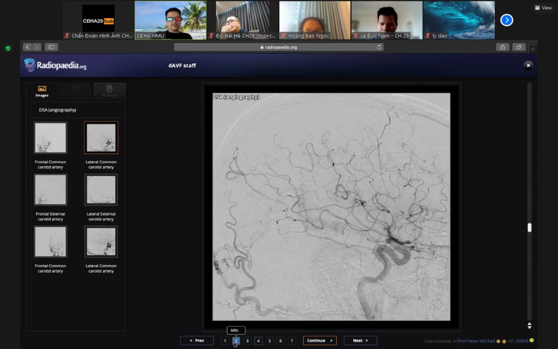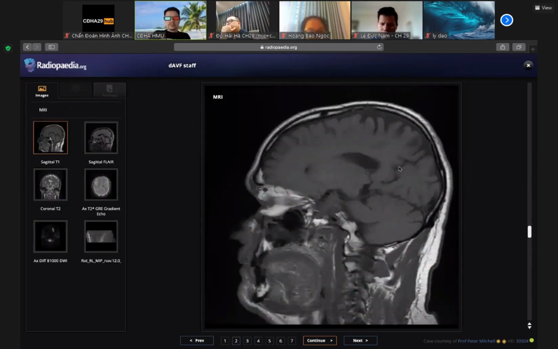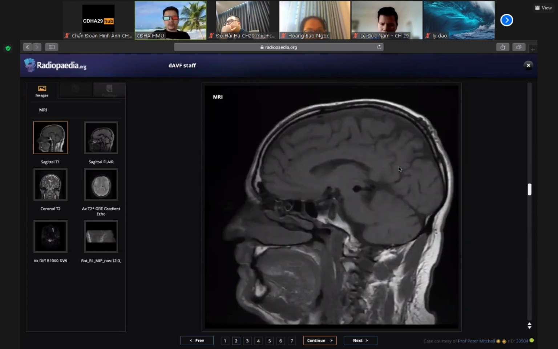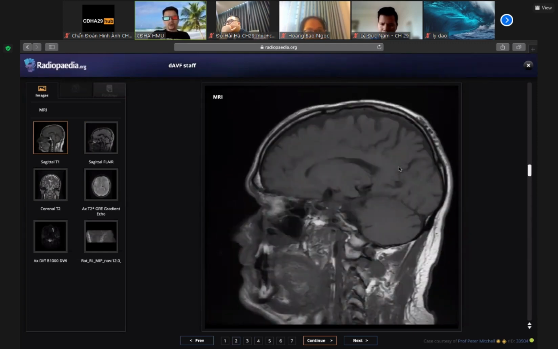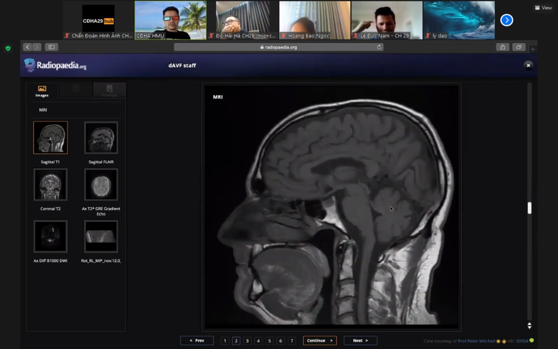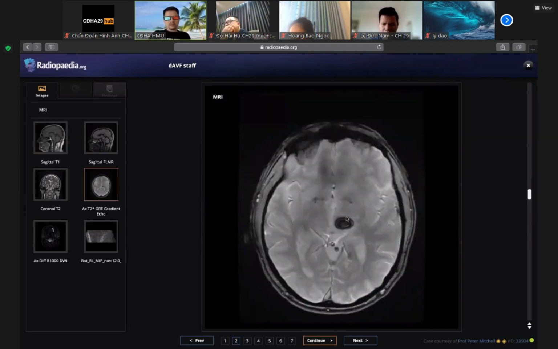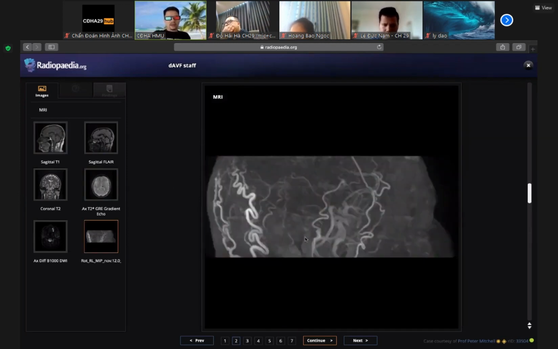So in brief, I think the imaging finding which suggests dAVF on conventional MRI or CT is that you see a dilated vein, and you don't see the intraparenchymal nidus, and you see the dilated branches from the ECA, right?